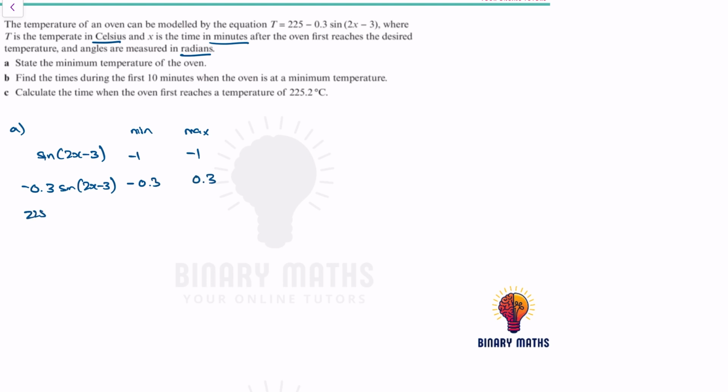Then you need to add 225 to this. So the minimum is minus 0.3 plus 225, which is 224.7, and the maximum is 0.3 plus 225, which is 225.3. So we're looking for the minimum temperature. So minimum is equal to 224.7 degrees.